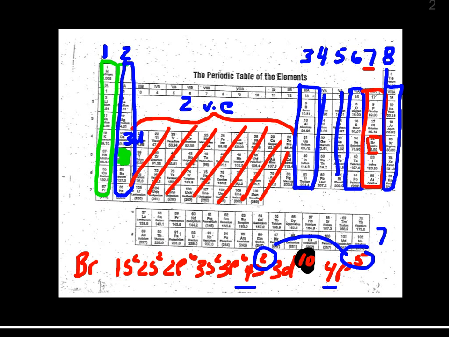Actually, that doesn't include helium, right there, which has 2 valence electrons. So don't mess that up. That's kind of an exception, 2 valence electrons, because it doesn't have p's. All right? Okay.